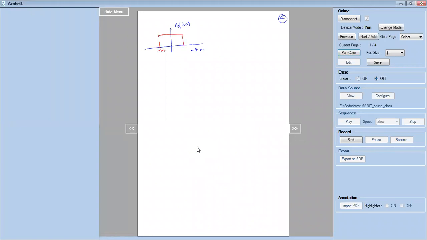This is minus WC, this is plus WC, 0, and this is pi, and here is minus pi. And this magnitude response I am going to consider as 1.